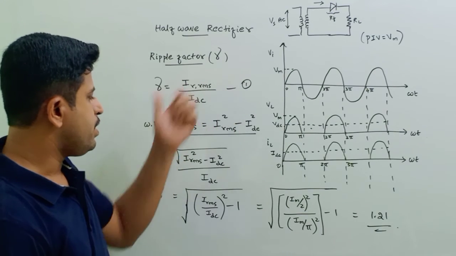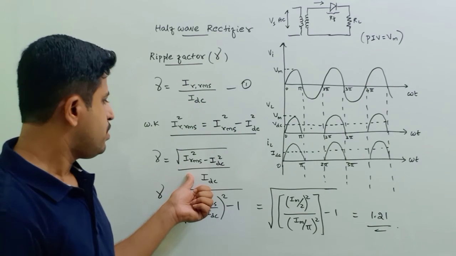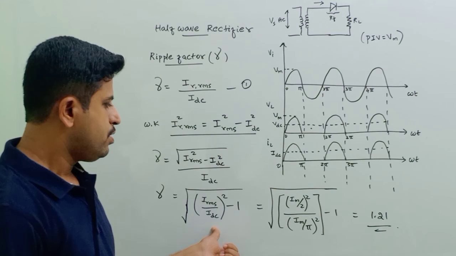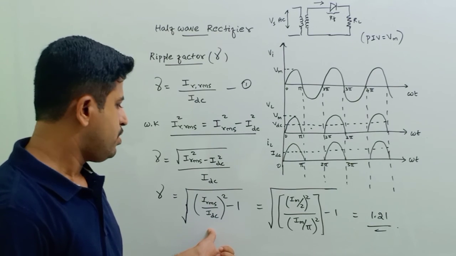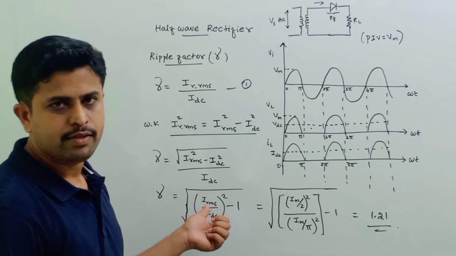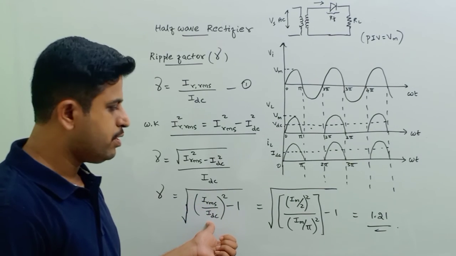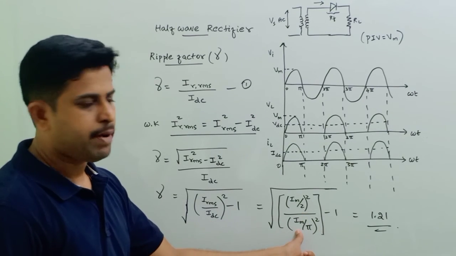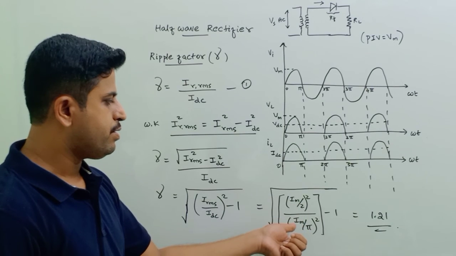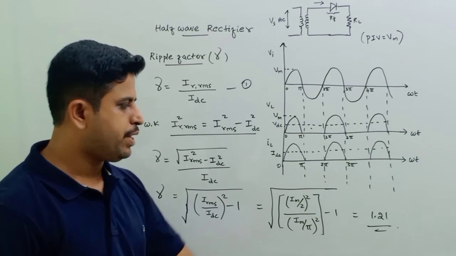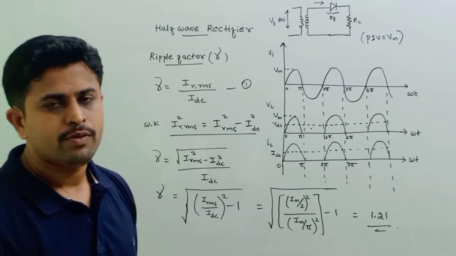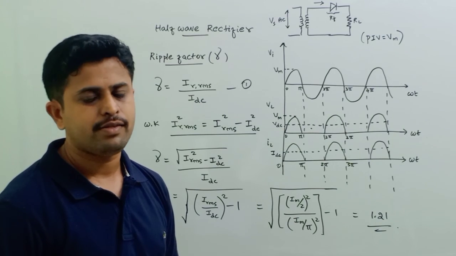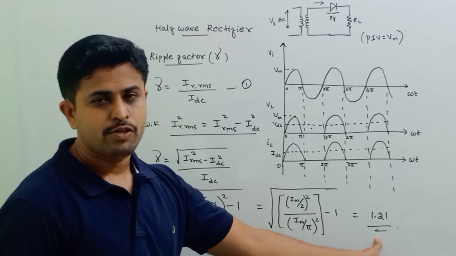So using this in equation 1, we can write this, and from here we rearrange the terms mathematically so that we can simplify this further. We already have the expression for IRMS and IDC. IRMS is nothing but Im by 2 and IDC is nothing but Im by pi here. By substituting these and simplifying, we get a value of 1.21. So this is the ripple factor of the half-wave rectifier. A half-wave rectifier has a ripple factor of 1.21.